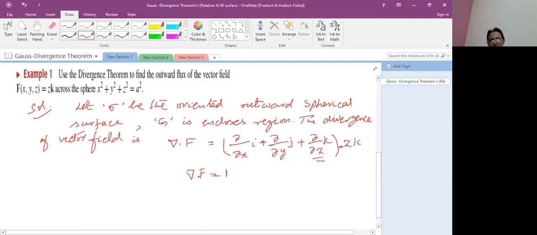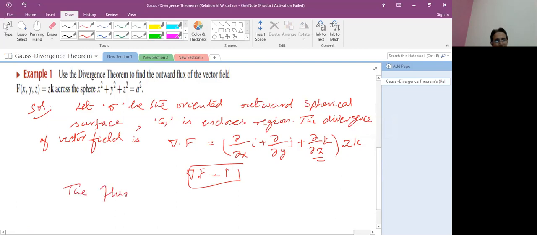So first we find the divergence of F, then the flux across sigma.